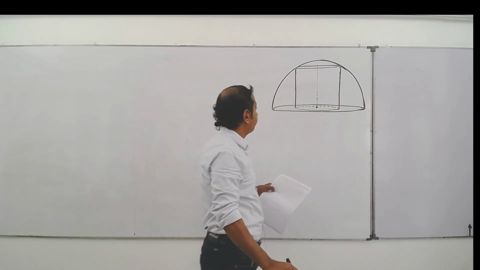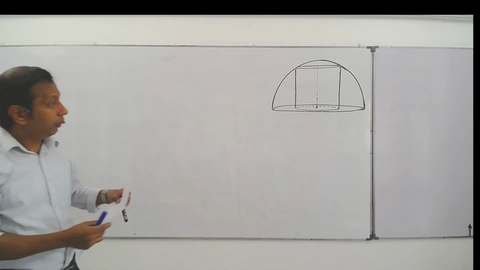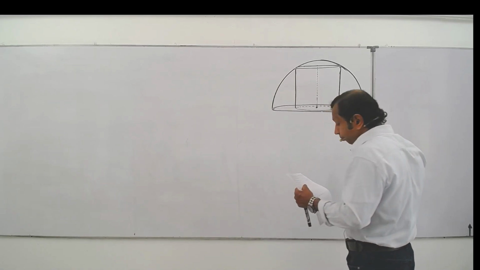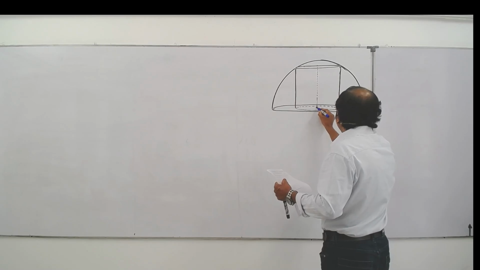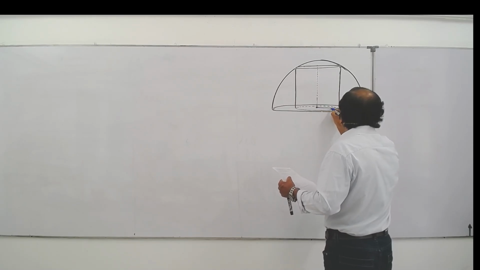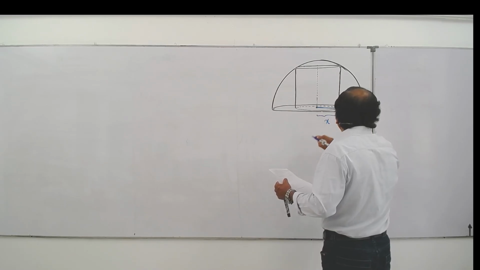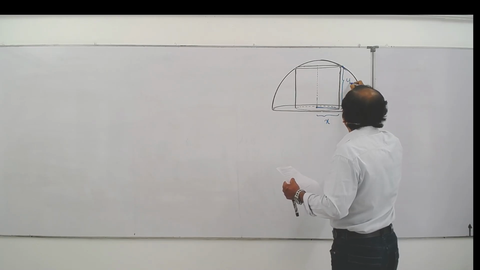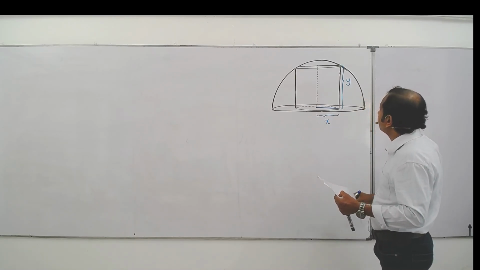Here we are given the radius of the cylinder as x. This is x. This is x. Height of the cylinder as y. This is y. Radius of the hemisphere as a.